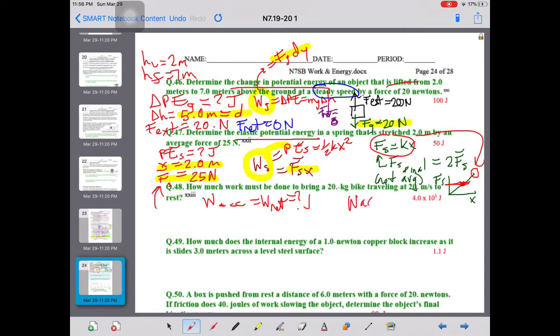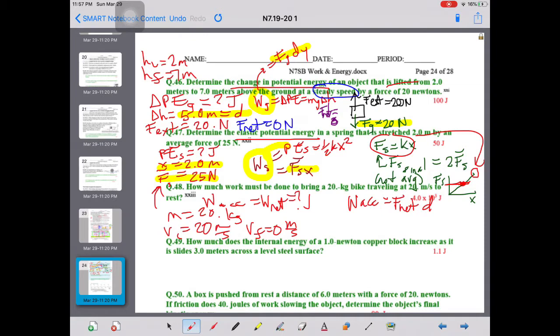Of course, your equation is most likely going to be, as you knew it from before, F net d. But maybe your givens don't match that. Like the mass of the bike is 20 kilograms, and the bike is traveling at 20 meters per second, and it goes to rest.